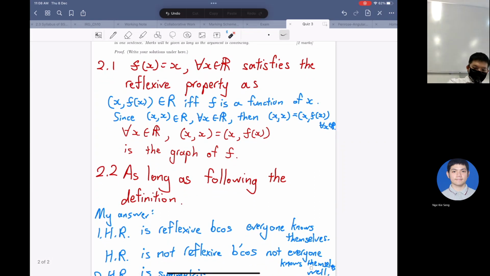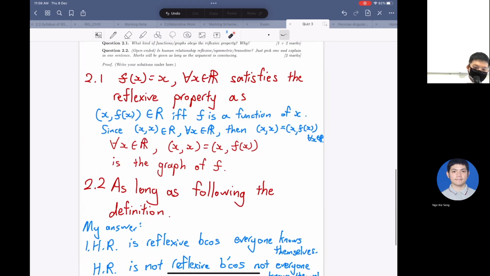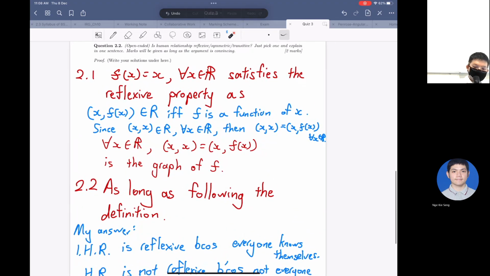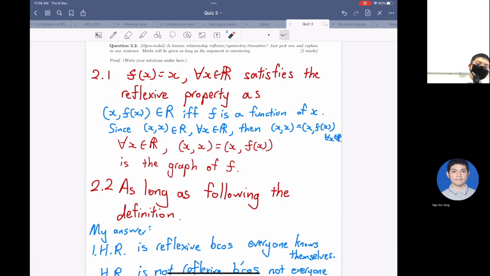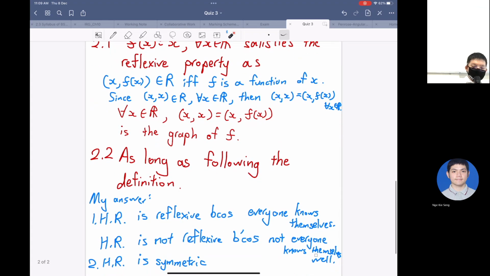2.2. Open-ended question: is a human relationship reflexive, symmetric or transitive? As long as you answer based on the definition, it will be fine. Whether I can verify it or not, that's fine, but you need to follow the definition. For example, if I say the human relation is reflexive, I need to argue that because everyone knows themselves, you and yourself are in the relation.